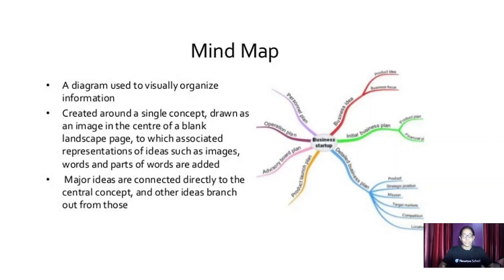It is created around a single concept, drawn as an image at the center of a landscape page, and associated with representations of ideas such as images, words, and parts of words. Similarly, the major ideas are connected directly to the central concept and branched out at different levels.